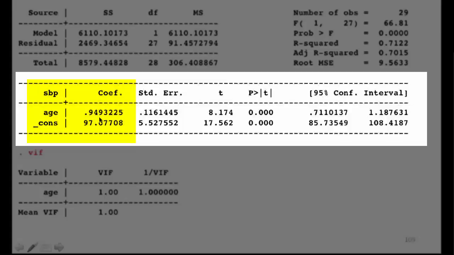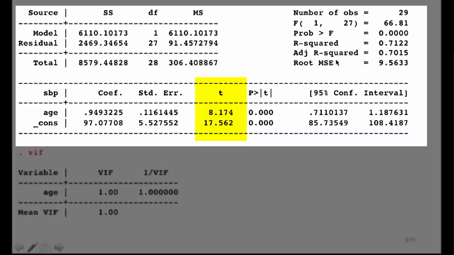That's the model. Notice if I take beta 1 minus 0 divided by the standard error, you get a t of 8.17 compared to a t distribution with 27 degrees of freedom. You have a p-value less than 0.001. If you take this t value and you square it, you get an f of 66.81.